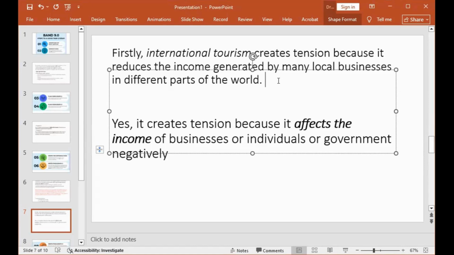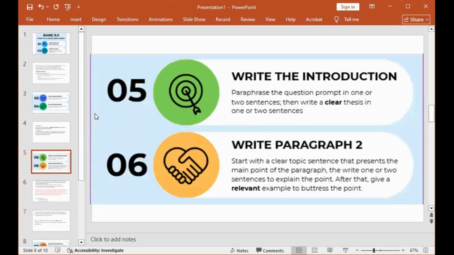In other words, I say something at the beginning of the sentence, and then I use the word because to connect a reason. So firstly, international tourism creates tension because it reduces the income generated by many local businesses in different parts of the world.